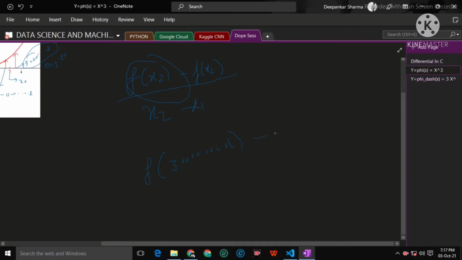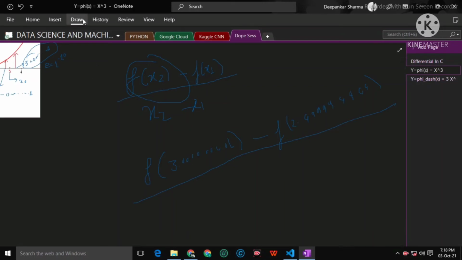You can manage it by yourself. Then x1 was 3 subtracting 0.0001, which gives us 2.999999. You can calculate that, you are smart enough.